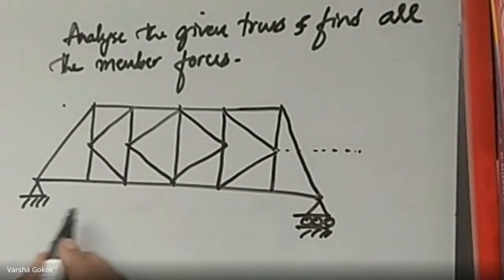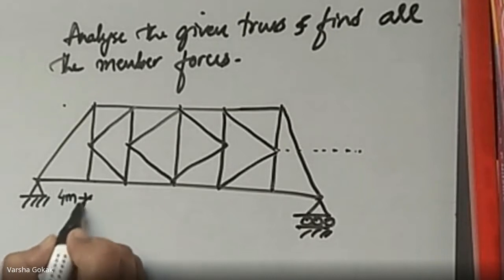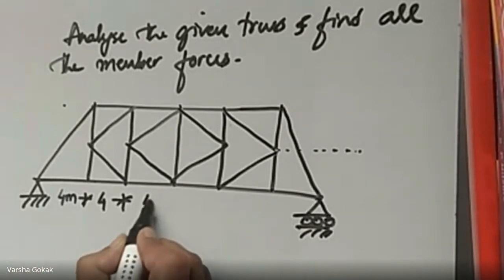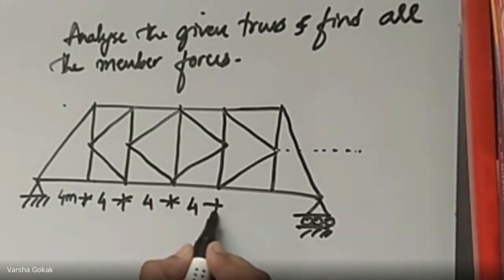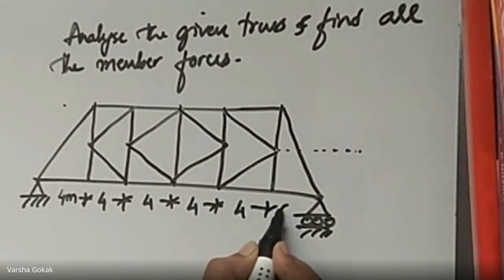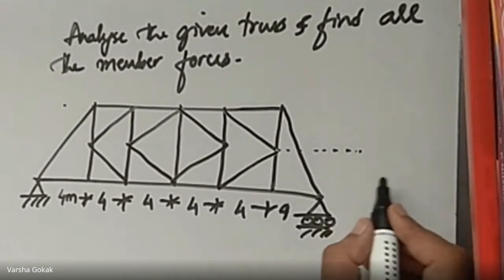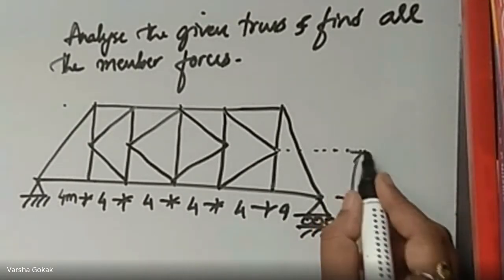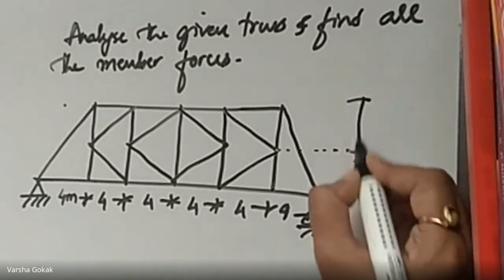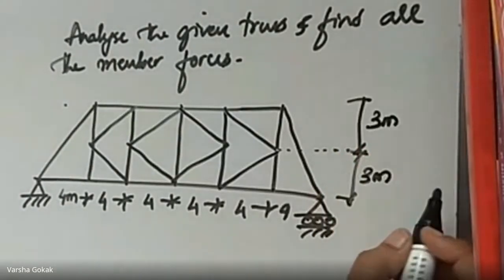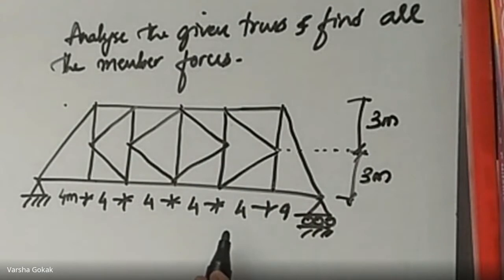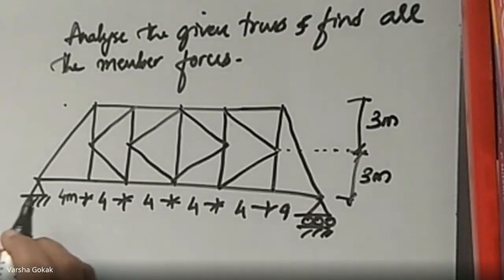Dimensioning I'll give you. At the base, it is 4 meters each. 4, 4, 4, and 4, right? And this height is 3 meters. This height is also 3 meters, right? And then I will give the namings.